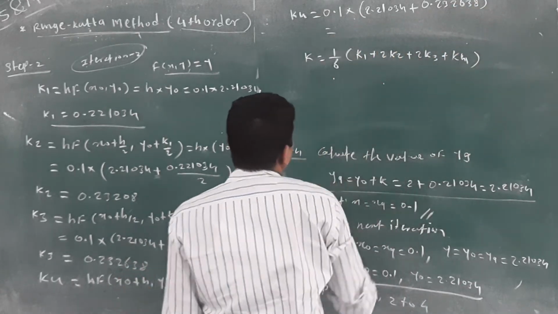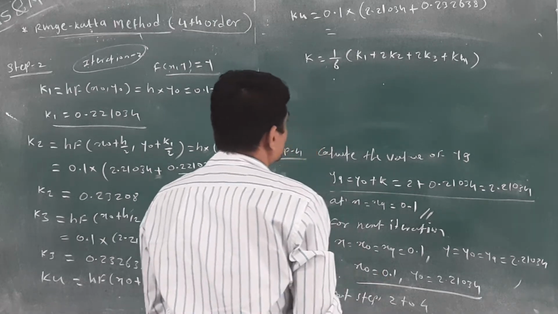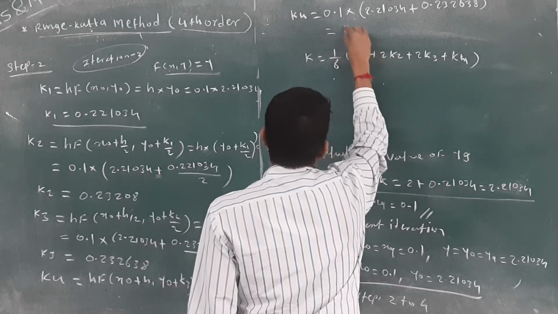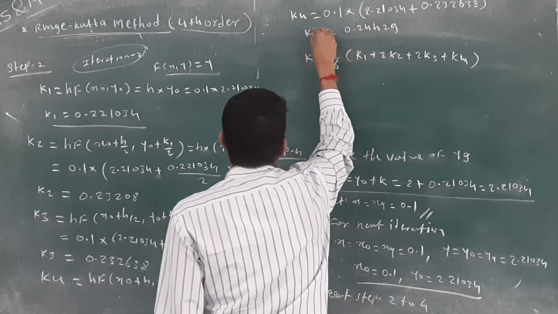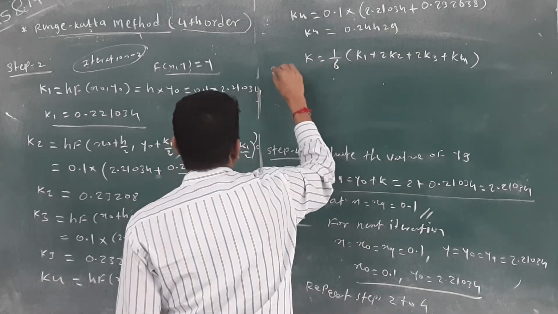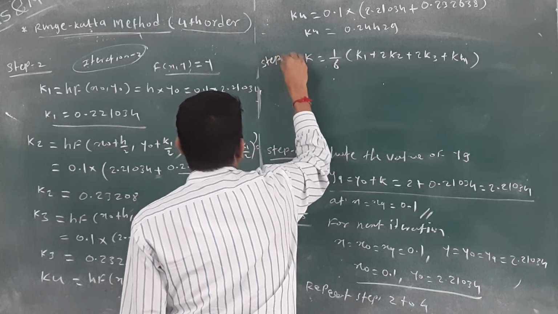If you calculate, you will get k4 is equal to 0.24429.